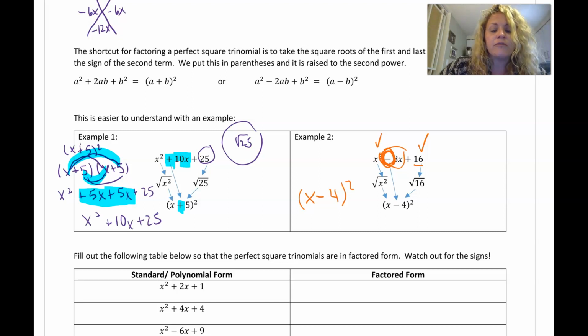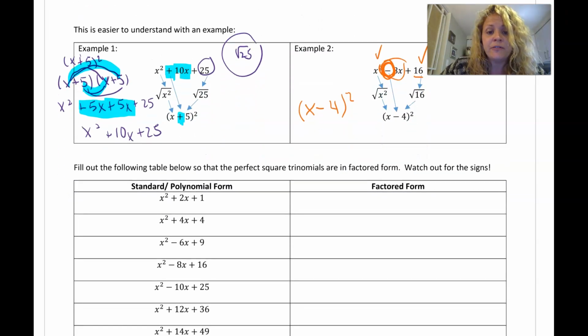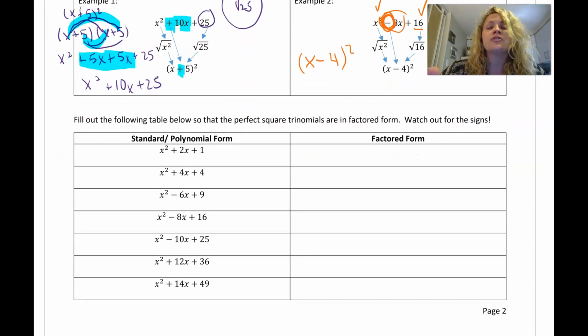All right, so I just want to emphasize that if you forget the pattern, you can factor all of these the long way. You'll get the right answer if you factor just the regular way. But let's look at how fast this goes if we recognize the pattern. So this one, when I convert this into factored form, the square root of my first term is x, the sign of my second term is plus, the square root of my last term, the square root of 1, is just 1.